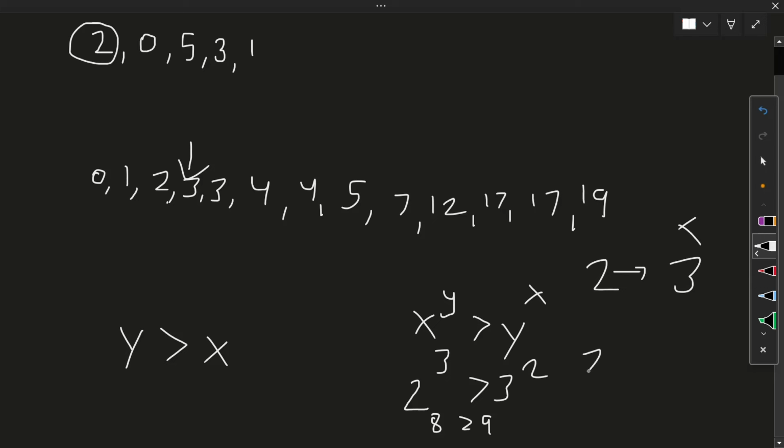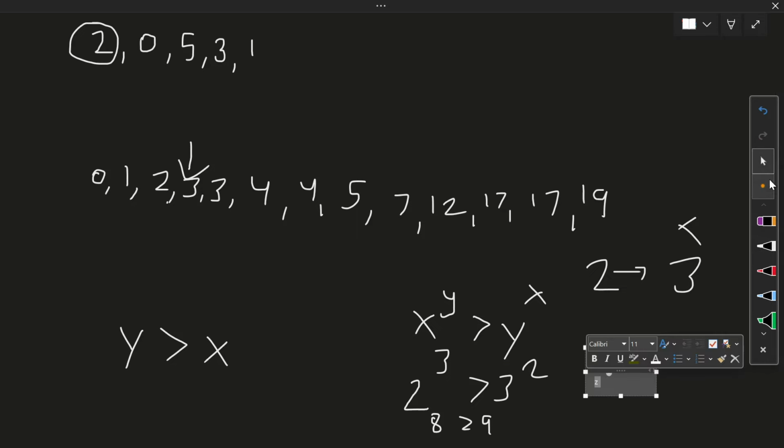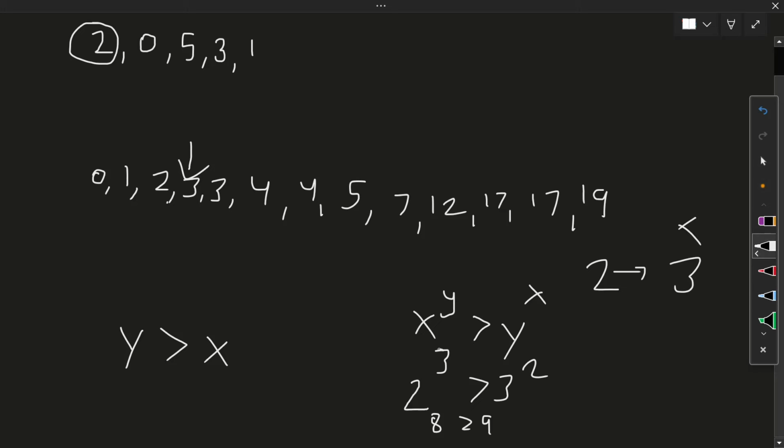What about 0? Let's take 0 first. x is 2 and y is 0. So we have a value 1 here, so 0 is correct. What about 1? In this case it is also true.